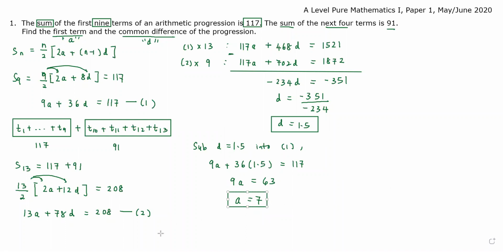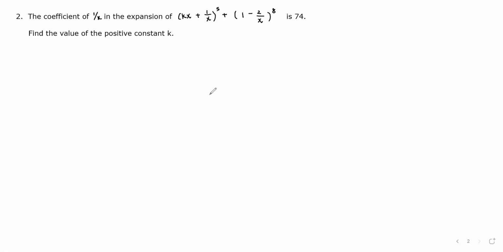And question 2, the coefficient of 1 over x, the reciprocal of x, in the expansion of these two binomials here is 74. You need to find the value of the positive constant k. k is the coefficient of x in the first term of the expansion.